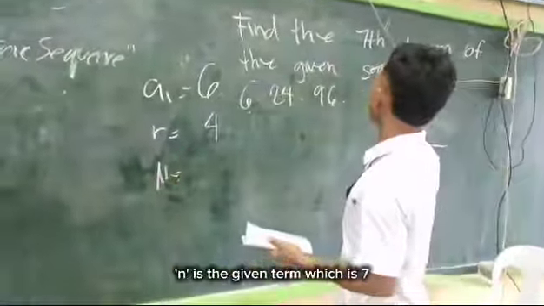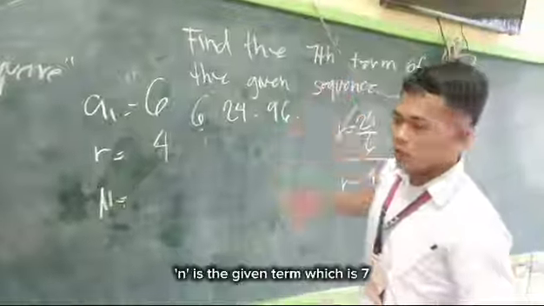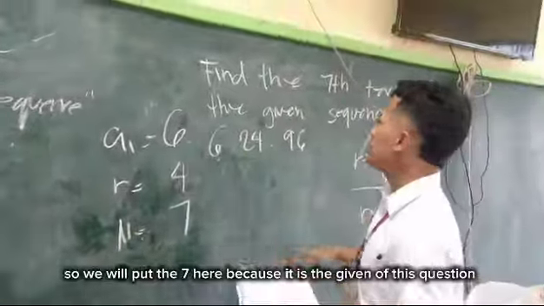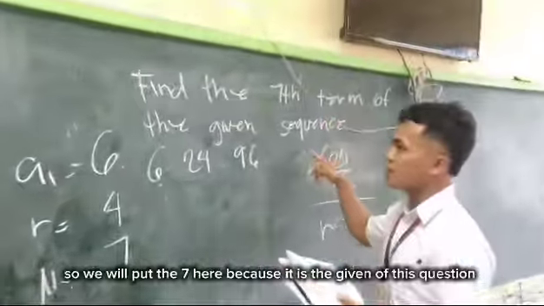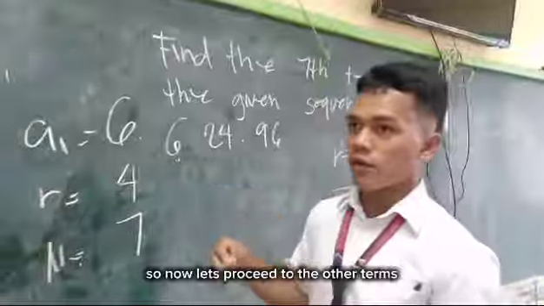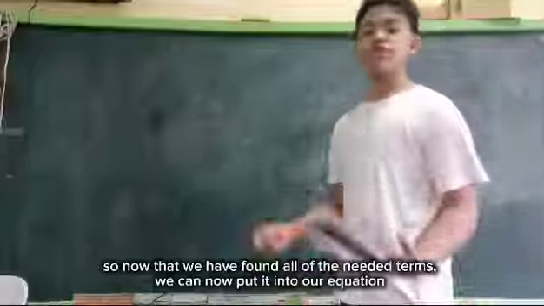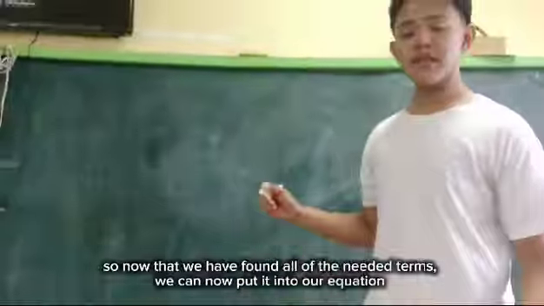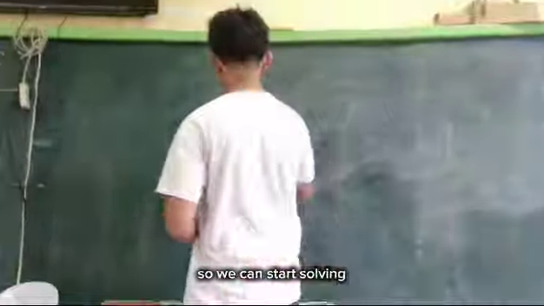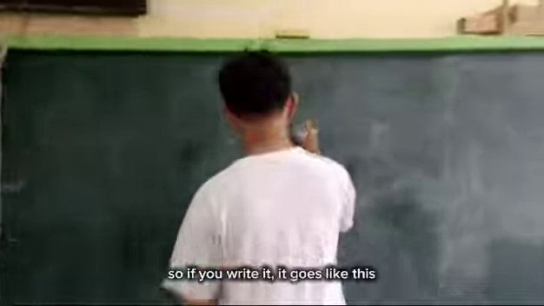The n is the given term, which is 7, because this is the given of this question. Now that we have found all of our needed terms, we can start putting them into our equation. If you write it, it comes like this.